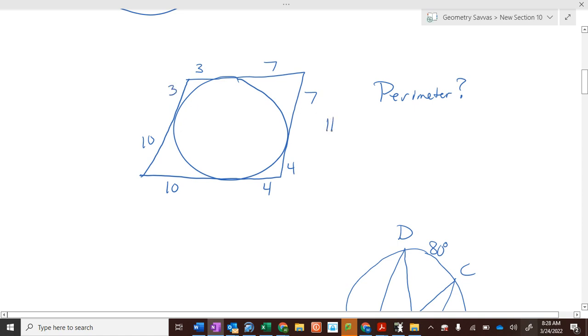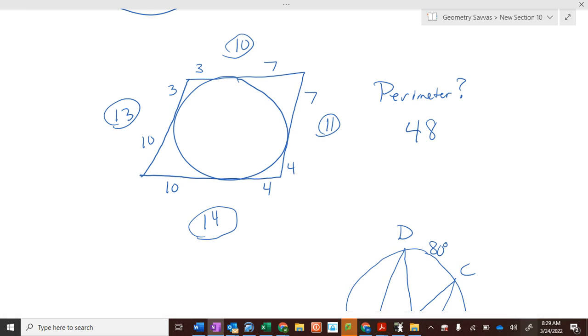So this side is 11, this side is 13, this side is 10, this side is 14. 14 and 11 add up to 25. 13 and 10 add up to 23. 23 plus 25 is 48. You can do this a bunch of different ways, but that's the way to do it.